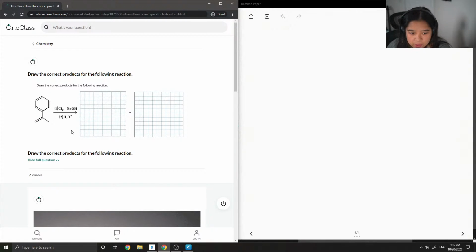Draw the correct products for the following reaction. Question number 3.